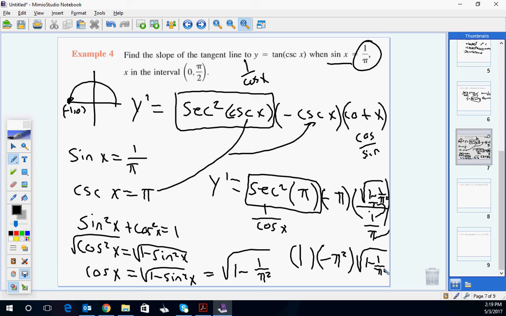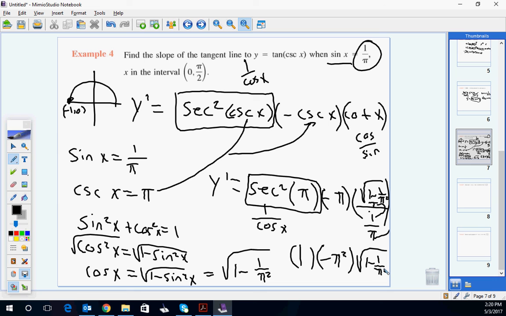The bottom line is, guys, all the x's are gone. This is a value. Even if you didn't simplify the same way I did, if you plug in this value, even if you left your pi like this, you'd be fine, because everything's pi's or numbers. You'll get a number here. Don't think pi is a variable. Pi is 3.14 still, so that whole thing's a value. We're oversimplifying what you would need to. It's just like when you do the derivative: if you don't completely condense it down, you can still find the tangent slope at a point if you plug that value in. It'll still give you the correct answer.